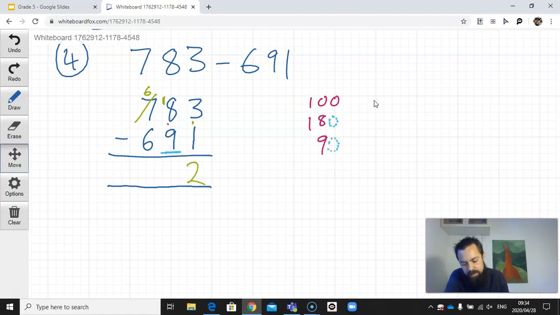And with our magic zeros, we don't need to worry about the zeros. So we're going to look at 18 minus 9, which we can do, because this is 90. So that 0 is the place here.